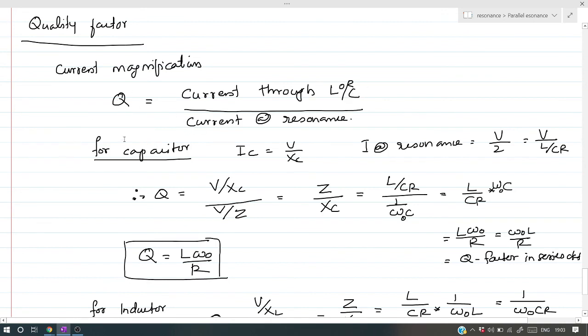First of all, let's see for the capacitor. So for the capacitor, the reactance is XC. So IC is equal to V upon XC. We know current at resonance is V divided by total impedance, the dynamic impedance. We have already derived the expression for dynamic impedance as L by CR. The ratio of current through the capacitor upon the current at resonance gives the quality factor.